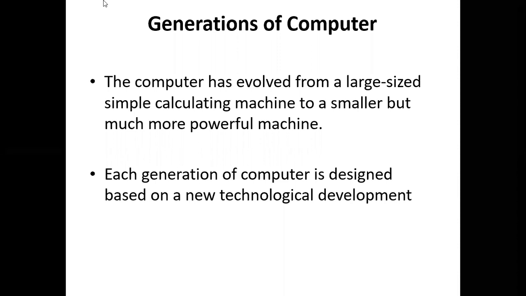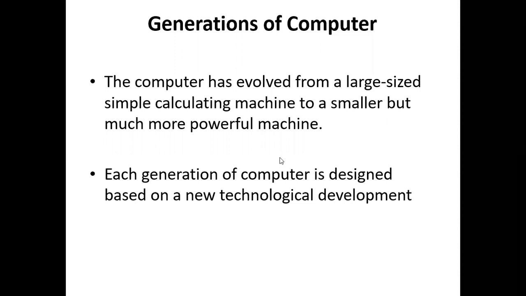In this video, we'll look at how computers have evolved over time, and some basic concepts that we need to know about computers. So we'll start by looking at the generations of computers and then move on from there.